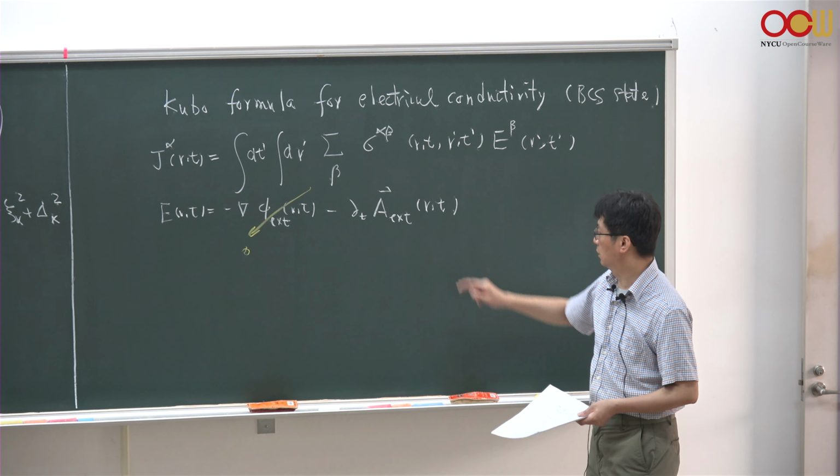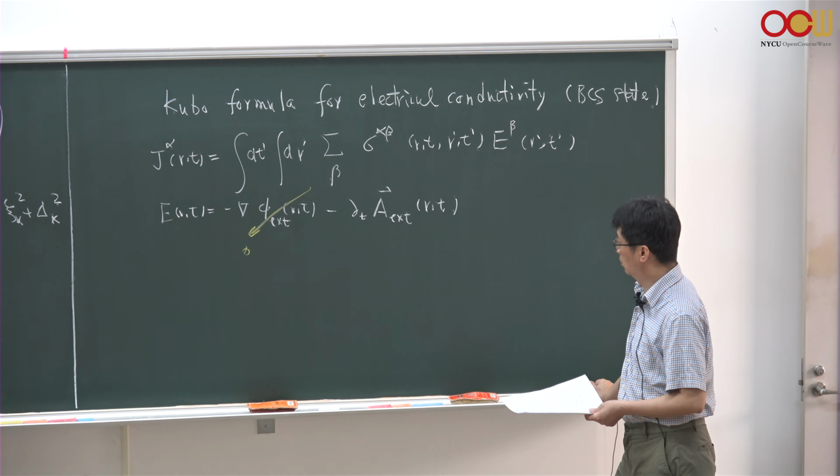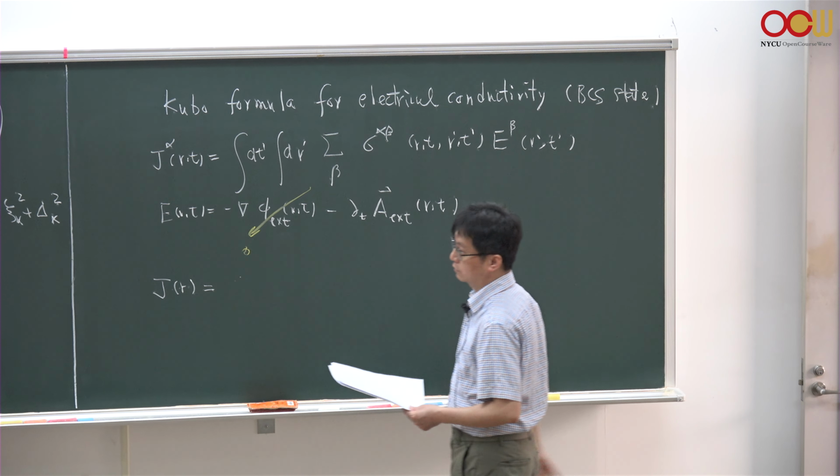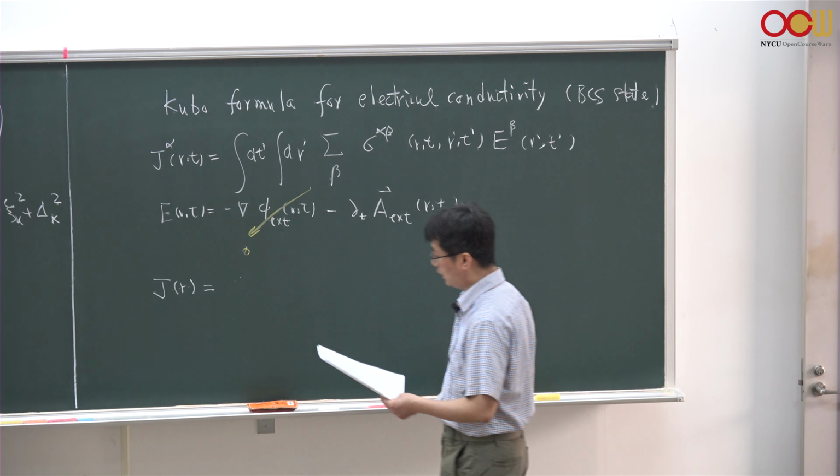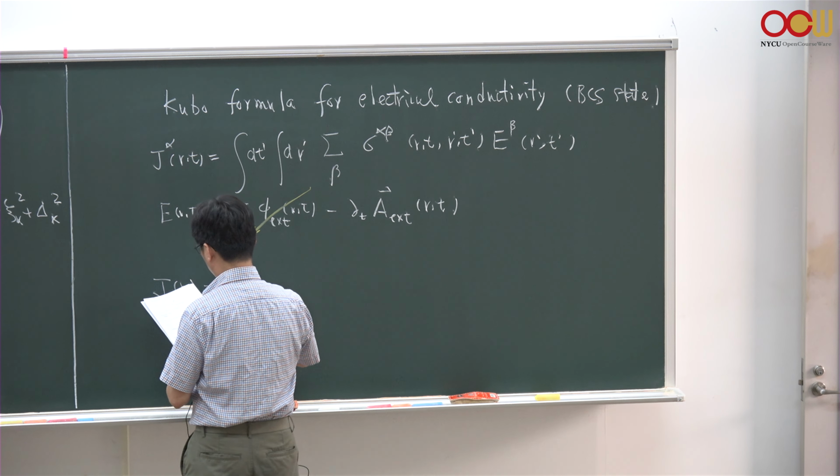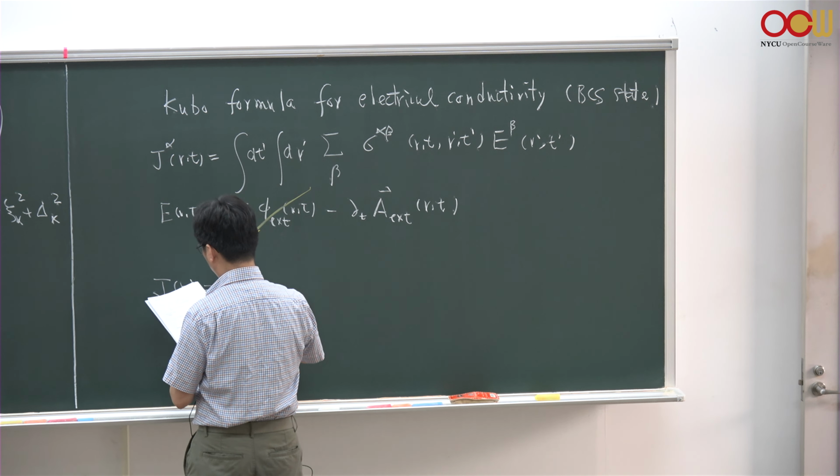We only consider a small external vector potential A. So the small response current, in response to this small external vector potential A, is given by the paramagnetic part and the diamagnetic part.